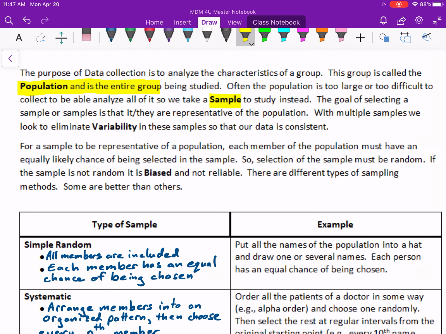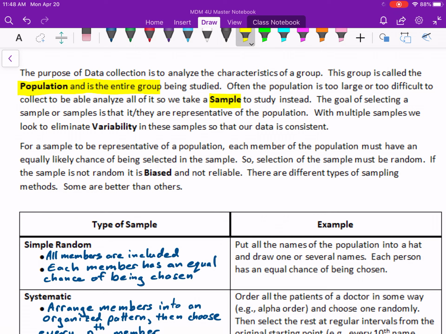Often a population is too large or too difficult to collect information from, so we'll take a sample. If I wanted to get an idea of what every person in the entire world thought about any topic, fill in the blank, pick a topic, it would be pretty tough for me to go and ask every single one of the billions of people on the planet Earth about that topic.